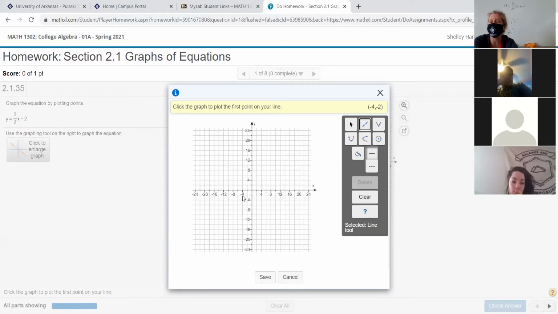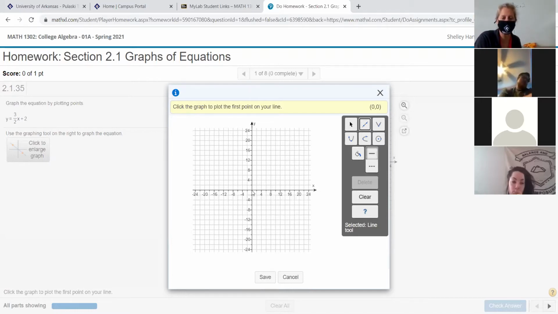Do you see how it's changing along with me moving? So see, yours is going to be different. You're going to have to type that into the calculator. So I need to plot this point at negative 2, negative 1.